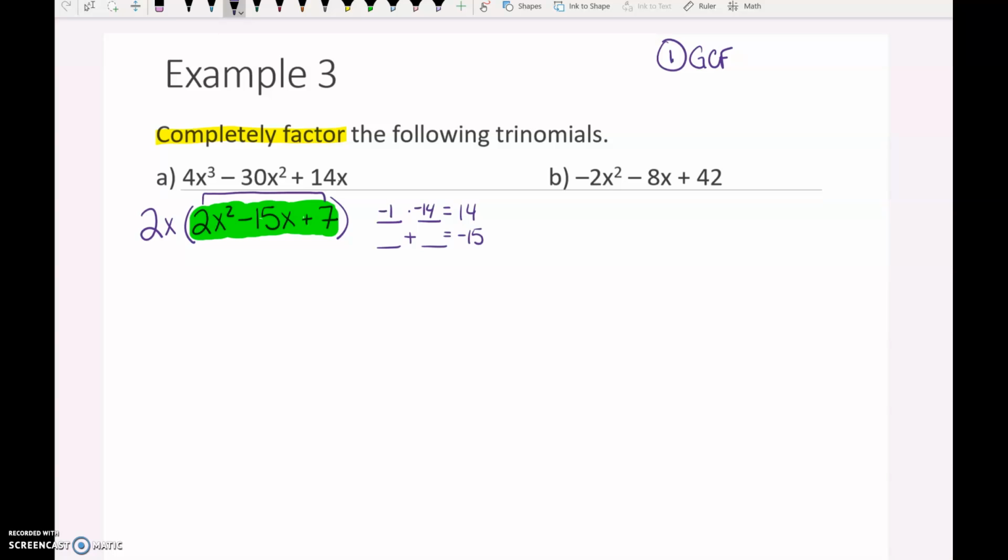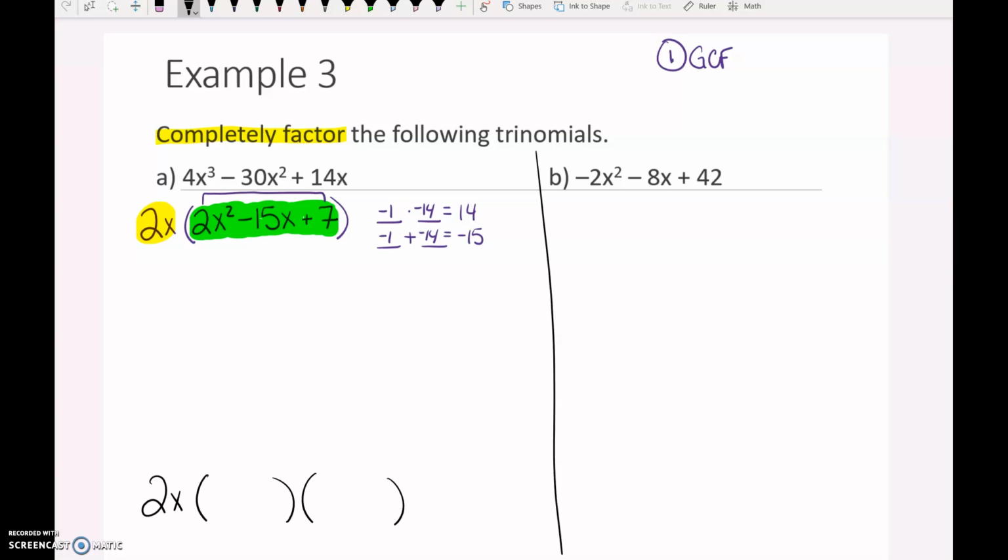So that's -1 and -14. Okay, this 2x on the front, you just need to make sure you don't forget it. No matter what type of factoring you use, make sure you don't forget about that 2x that's in front, because our answer is going to be 2x something something.